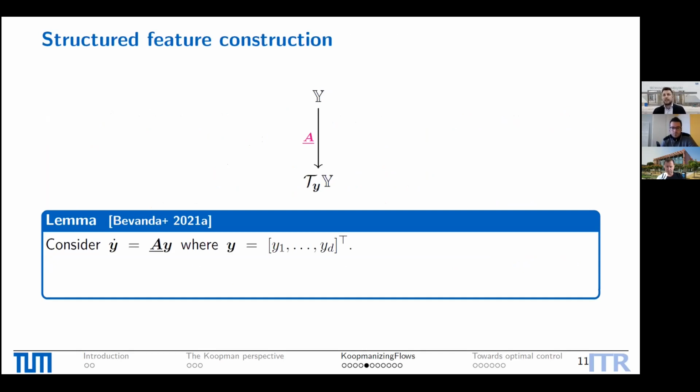Even the work of Professor Mesic, a journal paper from 2019, I think, in Nonlinear Dynamics, considers almost the same class of systems, where he talks about modified or modulated Fock spaces, where we know that, for example, monomials as observables are closed for linear systems.